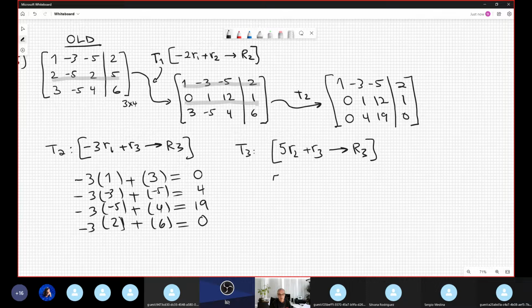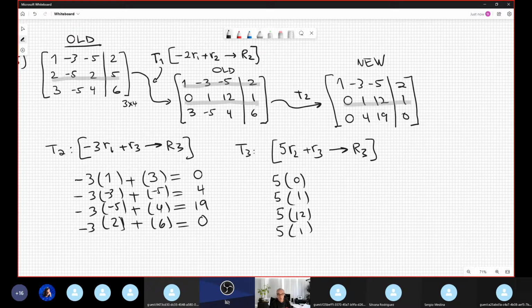So I copy 5 four times, multiplied by the corresponding element in row 2. This is the new one right now. So I copy 0, 1, 12, and 1. That one. This guy.